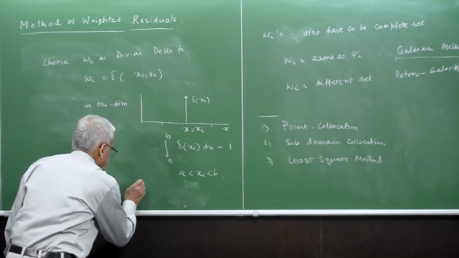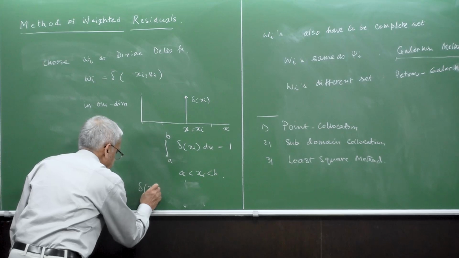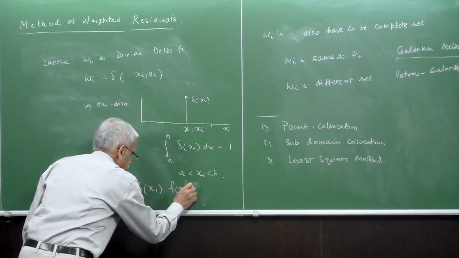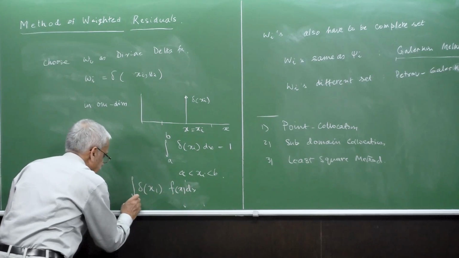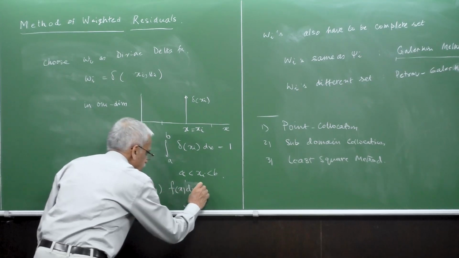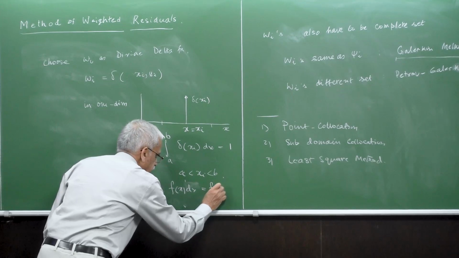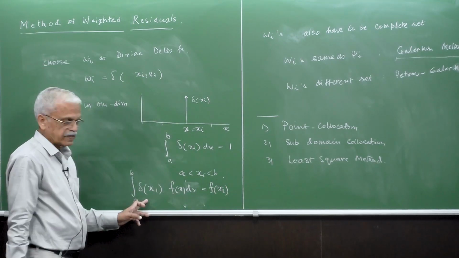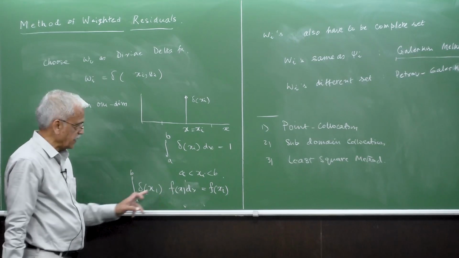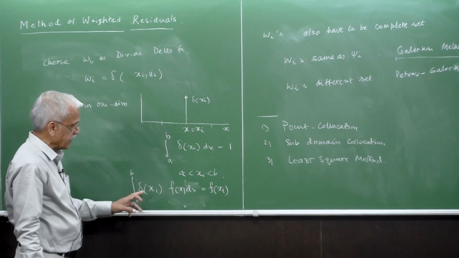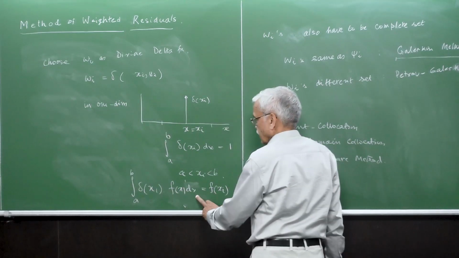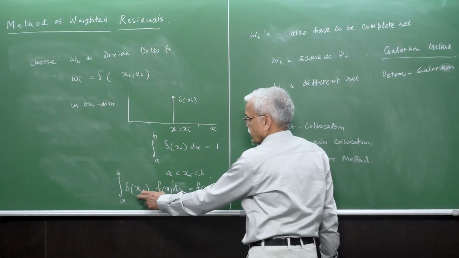Similarly, we multiply this with some function f of x. It can be shown that this is f of xi. So if you multiply any function with the Dirac delta function and integrate it, since the delta is infinite at x equal to xi, the whole thing will be simply f of xi.